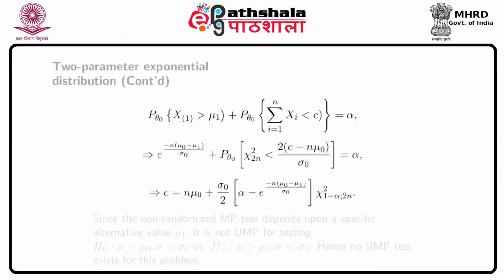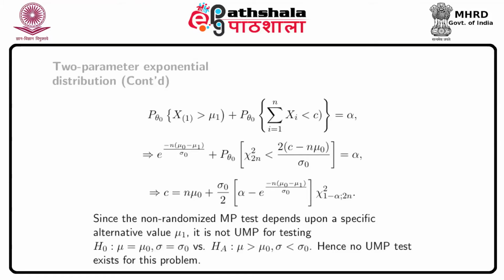That implies c is equal to n mu naught plus sigma naught by 2 of [alpha minus e to the power minus n (mu naught minus mu 1) divided by sigma naught], multiplied by chi square 1 minus alpha to n.